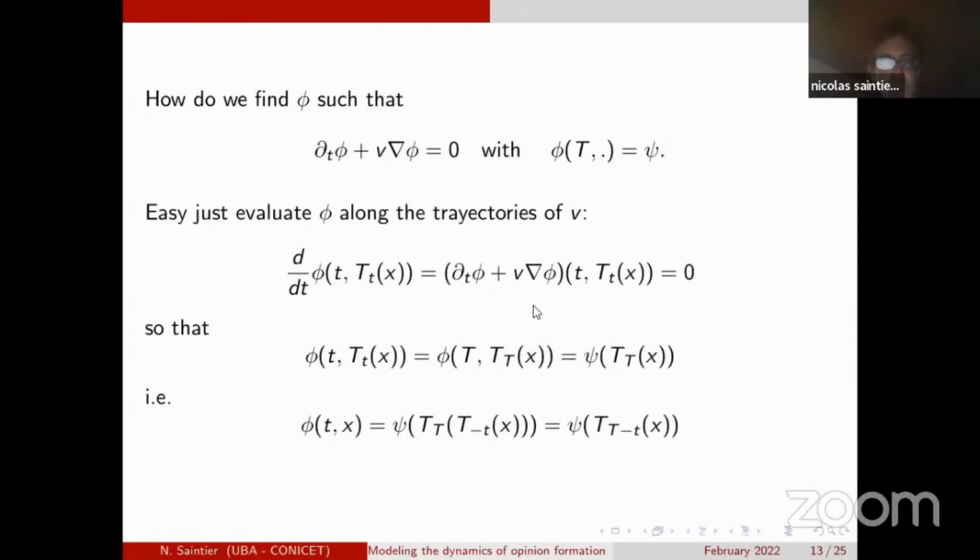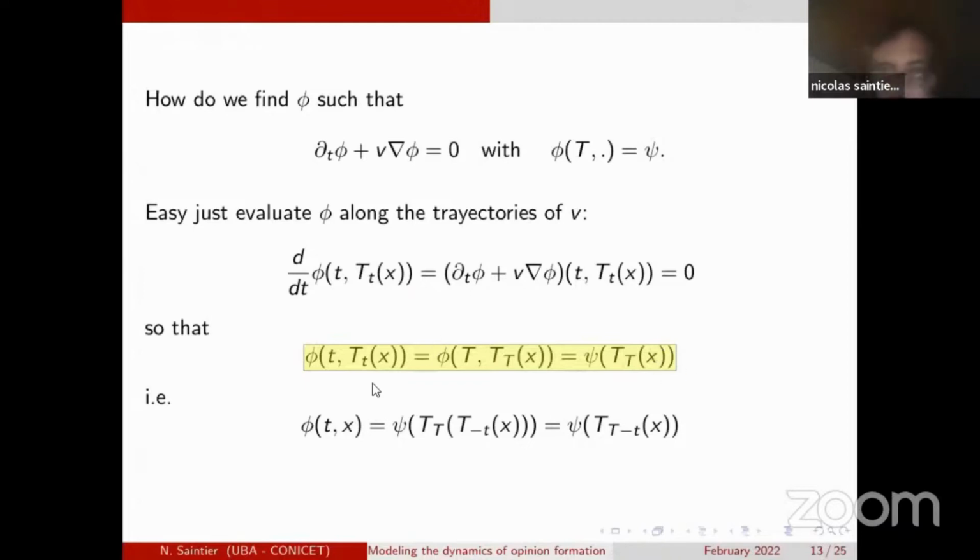And what does that mean here, following the trajectories of v? I evaluate phi along the trajectory of v. So just take this derivative here, which is this one by the chain rule, and this is 0. So I want that to be 0. This means that I want this function to be constant in time. So I want that to hold.